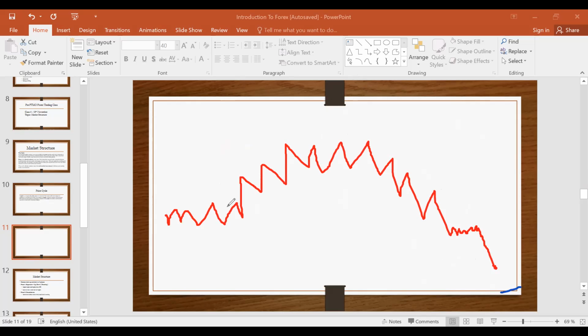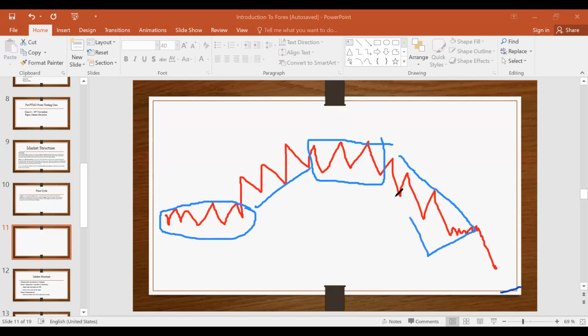So we can say here the market was consolidating. Here the market was trending up. Here it was consolidating. Here the market was trending down. Here consolidating. Here the market is trending down.